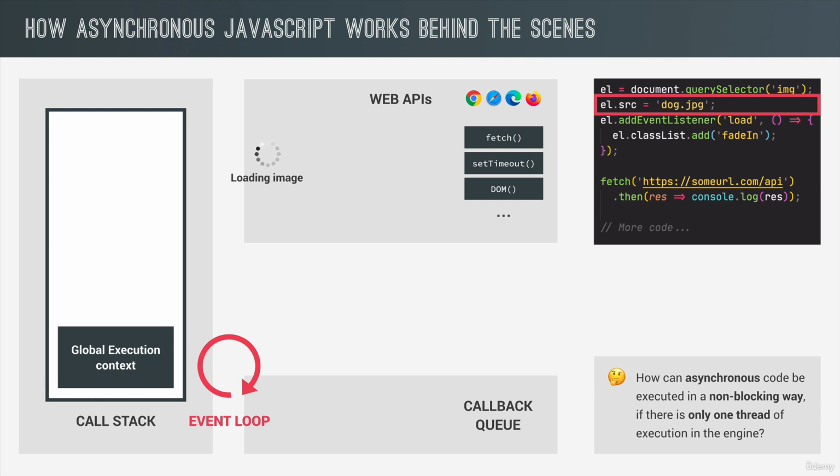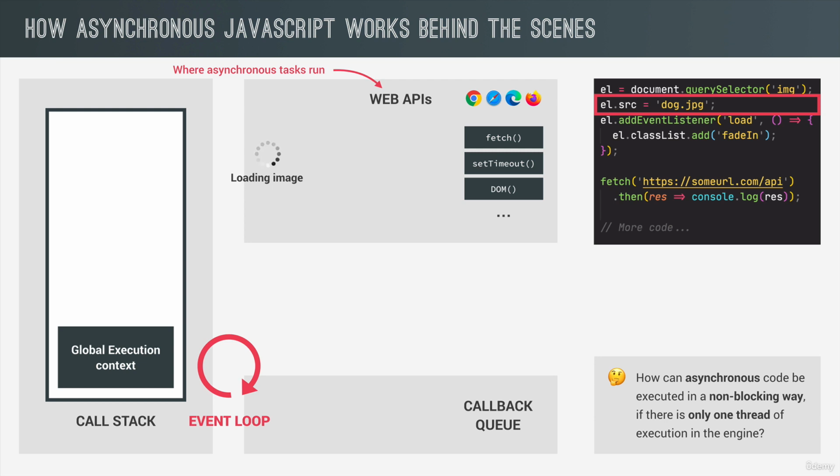As you already know, everything related to the DOM is not really part of JavaScript, but of the web APIs. And so it's in the web APIs environment where the asynchronous tasks related to the DOM will run. And in fact, the same is true for timers, AJAX calls, and really all other asynchronous tasks. So again, these asynchronous tasks will all run in the web APIs environment of the browser.